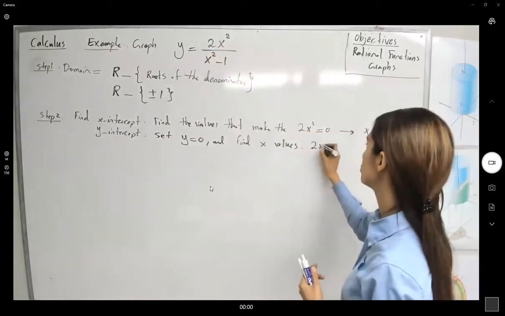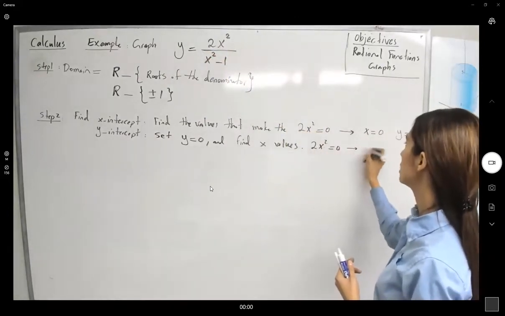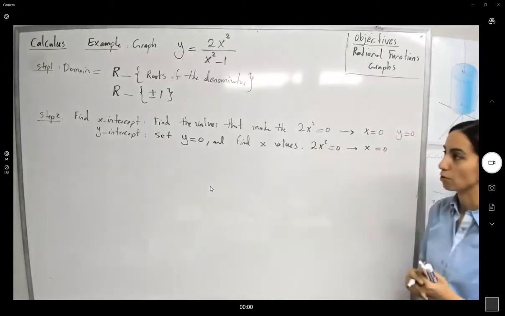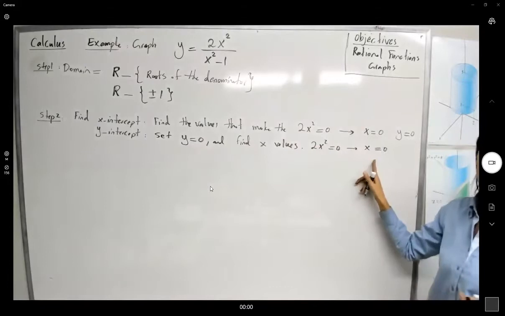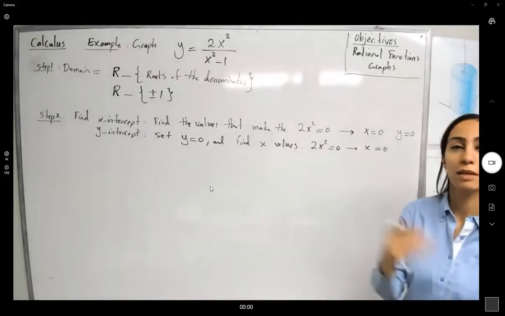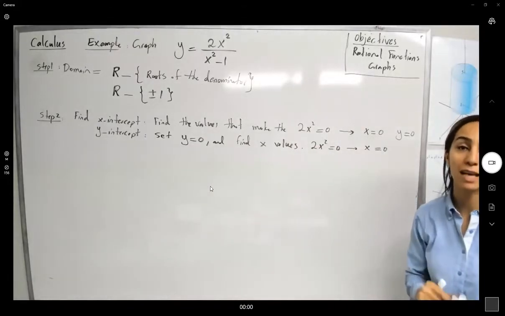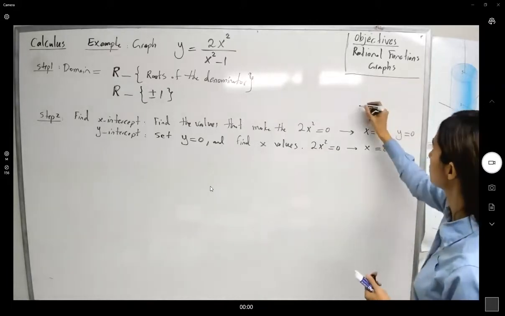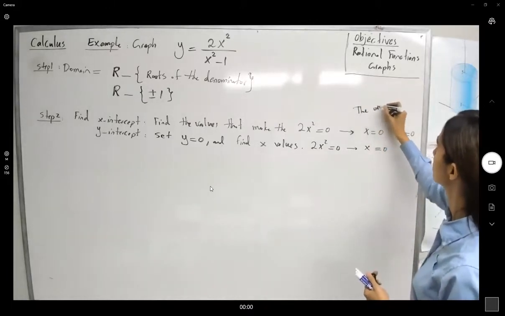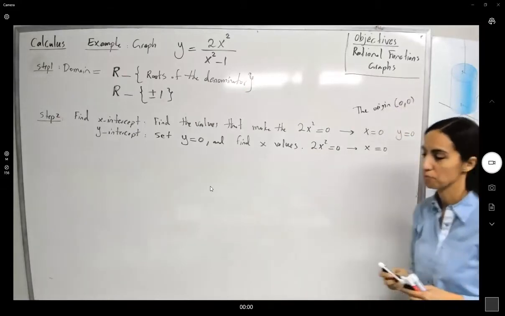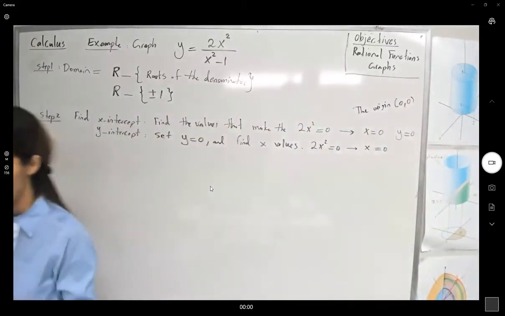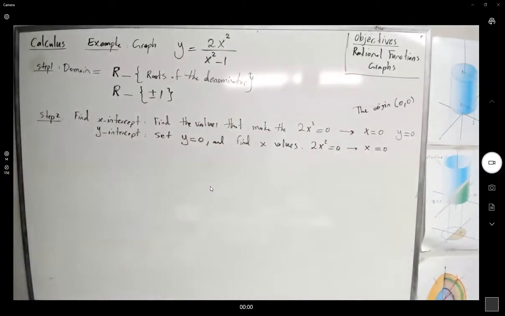So again, 2x squared is equal to 0. It means that your x is 0. When y is equal to 0, your x is equal to 0. So it means that your x-intercept and y-intercept both happen at the origin, (0, 0).